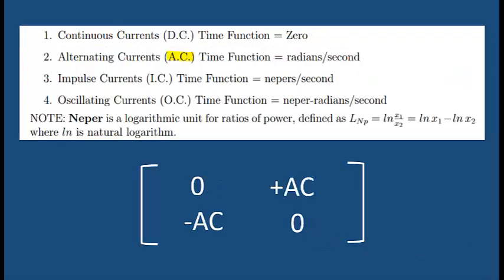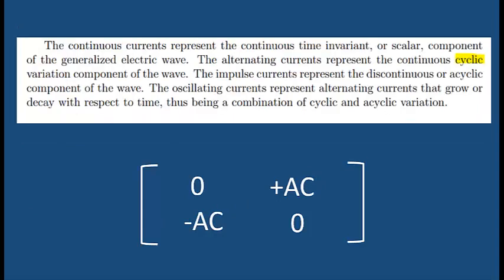In a similar manner, since AC, alternating current, alternates from positive to negative, or forward to backward, or clockwise to counterclockwise, however you are visualizing alternating currents, I would put the alternating current on the backward diagonal of the complex notation. So the alternating currents represent the continuous cyclic variation component of the wave.